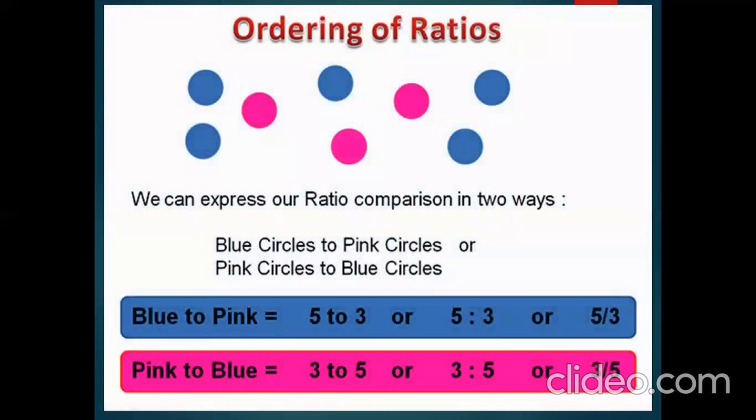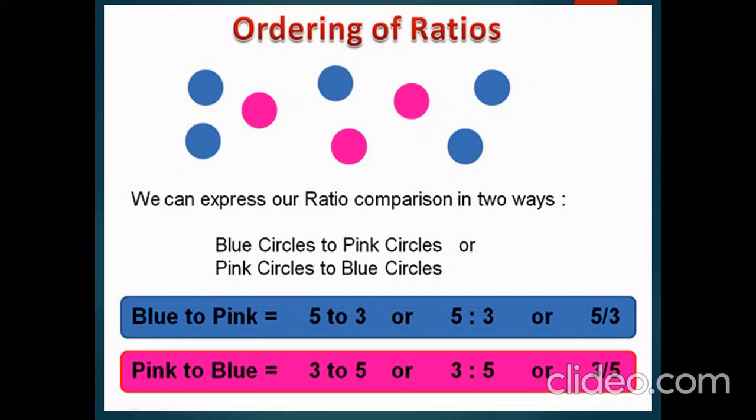Now, next we have ordering of ratios. Students, here we have 2 types of circles. One is in blue color, one is in pink color. There are 2 ways of writing the ratio, blue to pink or pink to blue.